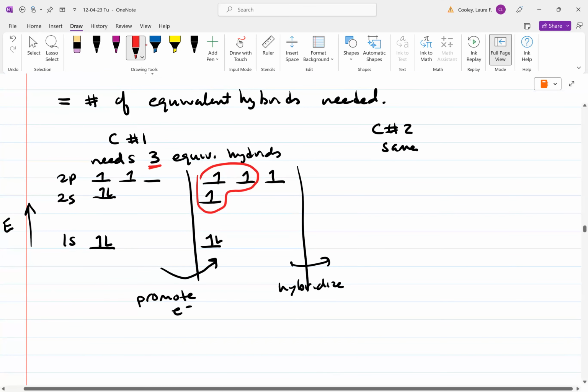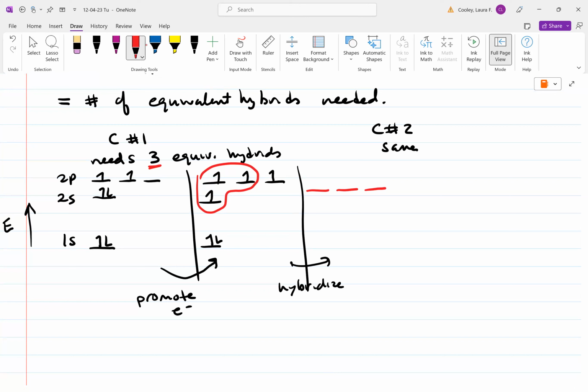They're going to have 1 part s and 2 parts p. So what do you think we're going to call them? sp2. Yeah. So we'll have 3 sp2 hybrids. We'll still have the 1s, and then we'll still have this leftover 2p orbital. You'll see why it's left over in a minute.